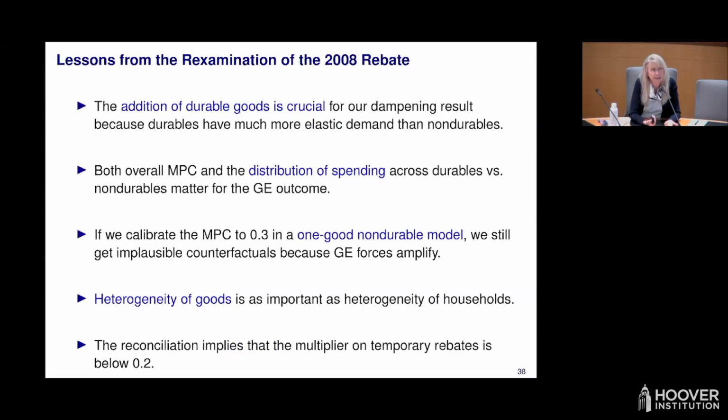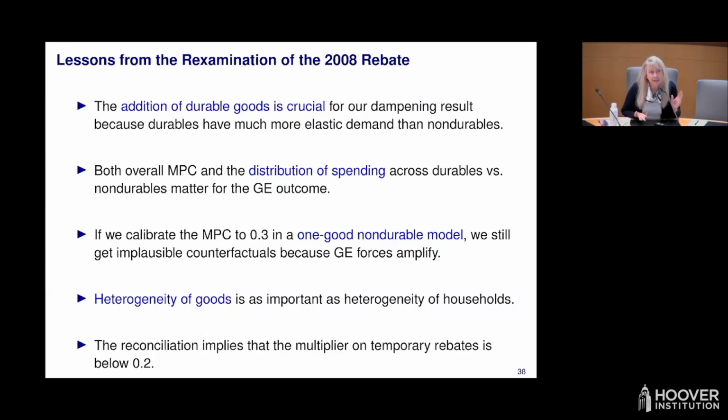So we learned a lot of lessons from this. One is, heterogeneous agent models are the real hot topic in macro. And what we're arguing here is in some cases, heterogeneous goods can be as important as heterogeneous agents, and particularly when it's durables. Both overall MPC and the distribution of spending across durables versus non-durables really matter for the GE outcome.